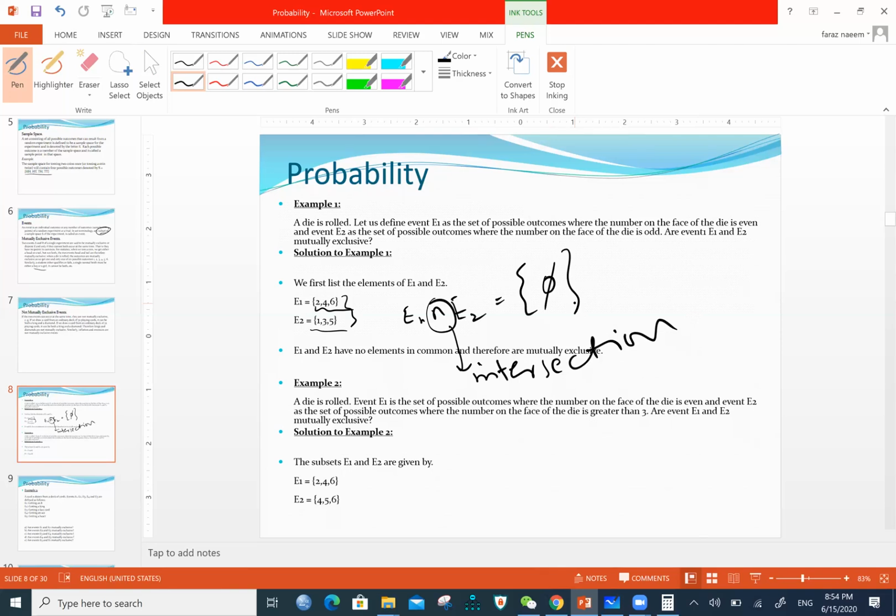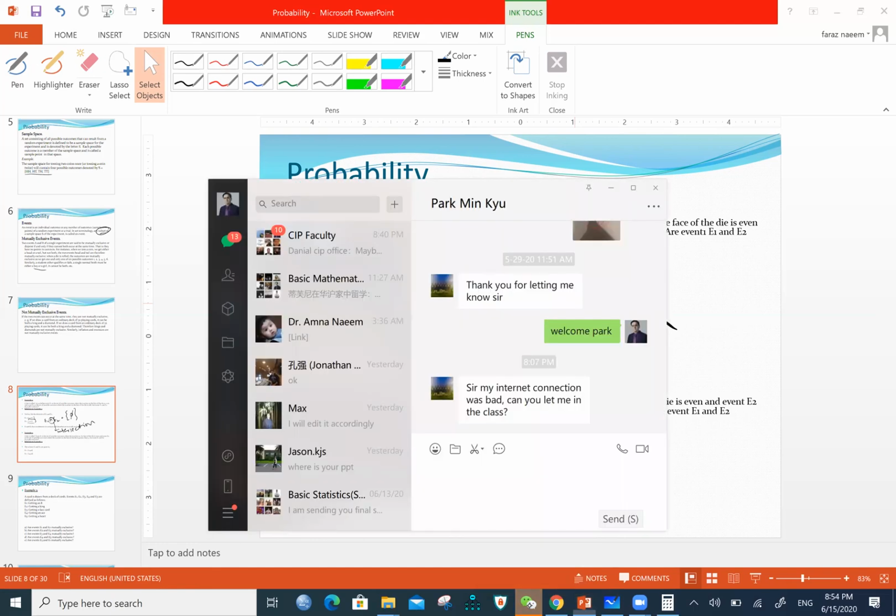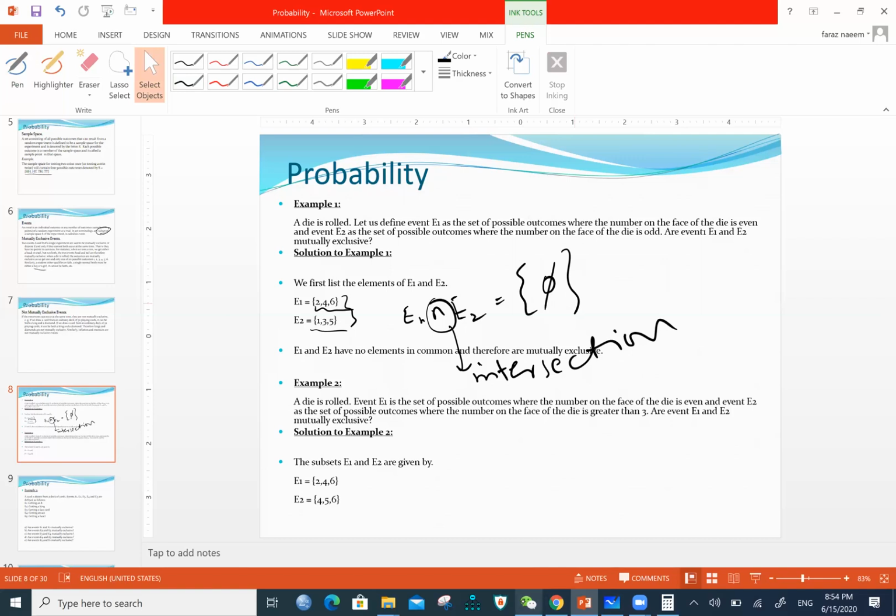Similarly, example 2 is a very good example. When you compare both examples, things will be more clear about what is mutually exclusive and not mutually exclusive. A die is rolled. Event E1 is the set of possible outcomes where the number on the face of the die is even, and event E2 as the set of possible outcomes where the number on the face of the die is greater than 3. Now, are events E1 and E2 mutually exclusive? Now you can see that E1 contains 2, 4, 6, the even numbers, and event E2, numbers greater than 3, is 4, 5, 6.